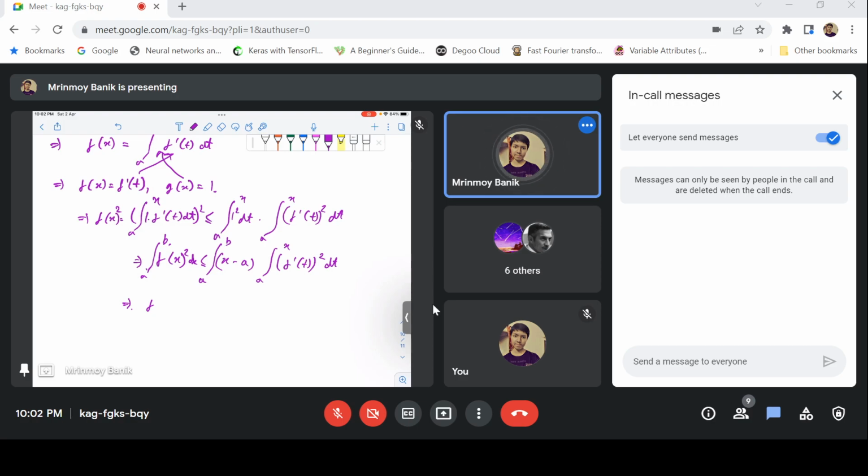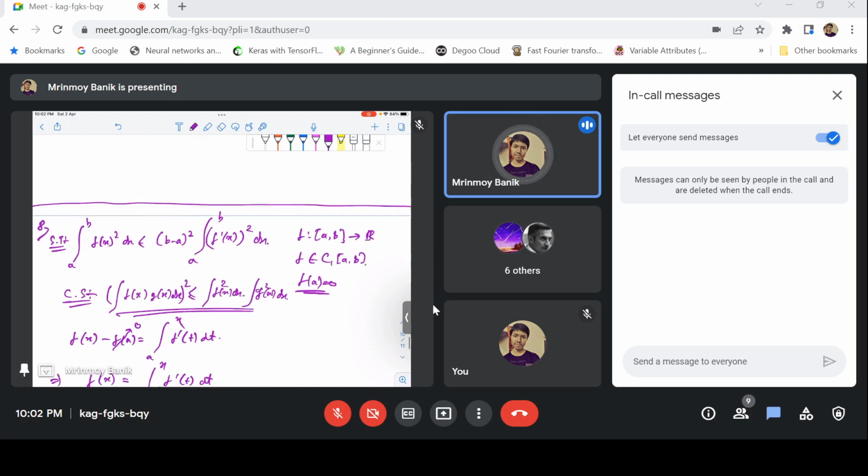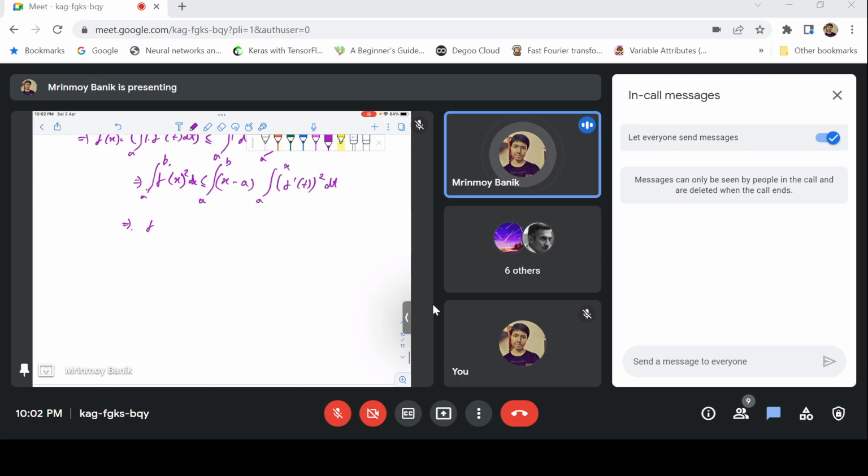What do we need to prove? We already have the left-hand side; I don't need to simplify it further. For the right-hand side, this x is the variable over here.